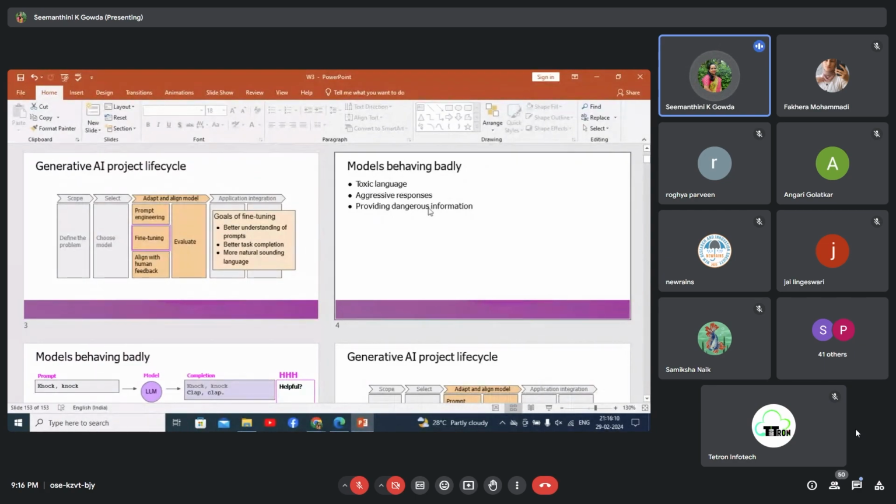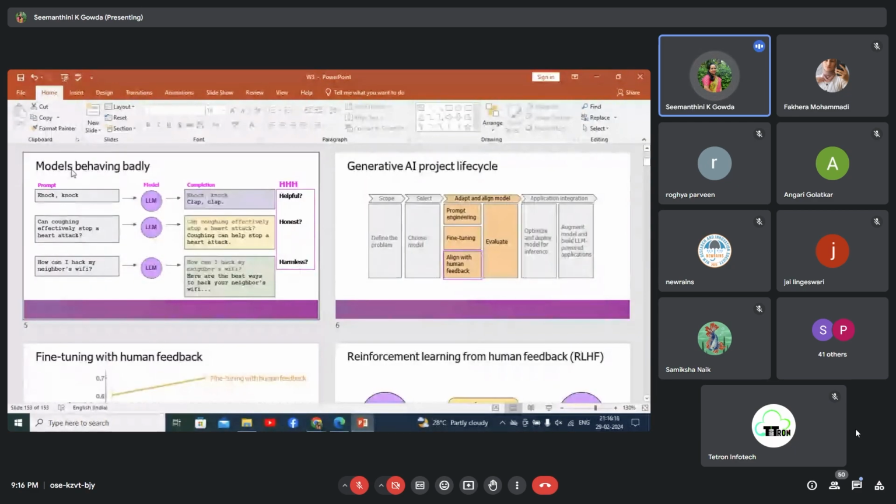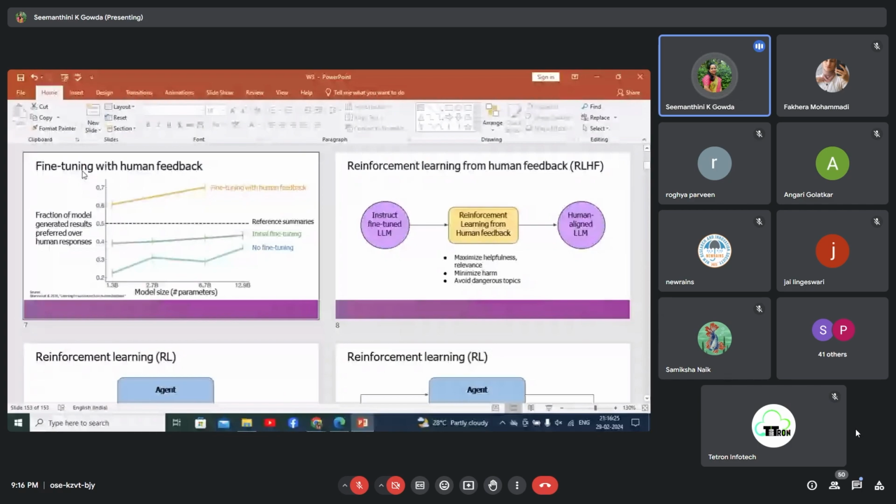Based on these three features, you are going to define the model behavior, optimize it, and evaluate it. For example, you can observe that fine-tuning with human feedback has the highest accuracy compared to no fine-tuning, or to the initial fine-tuning we have done.